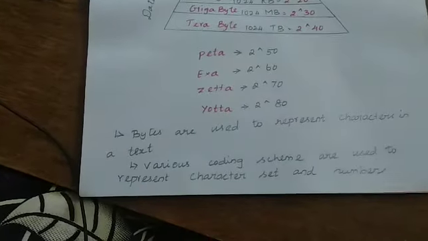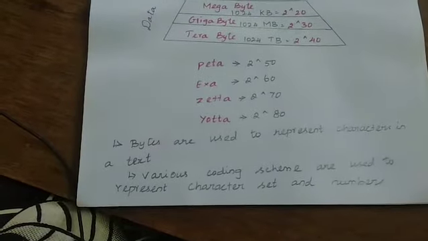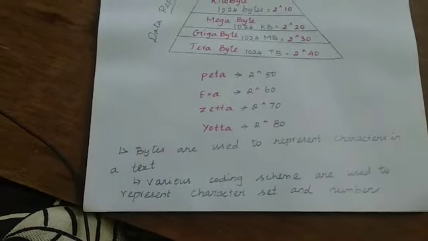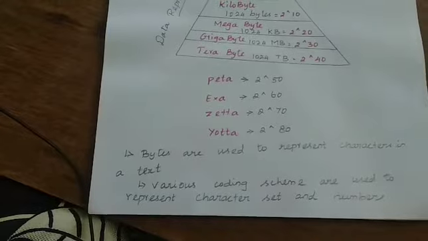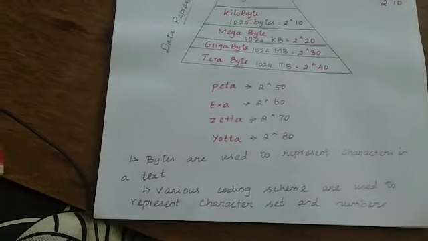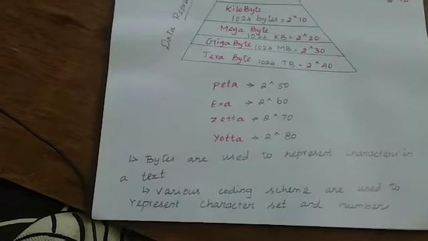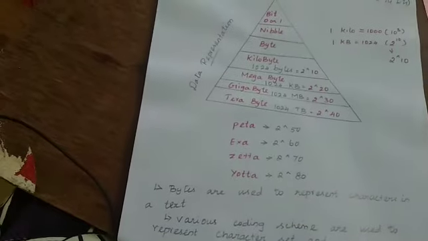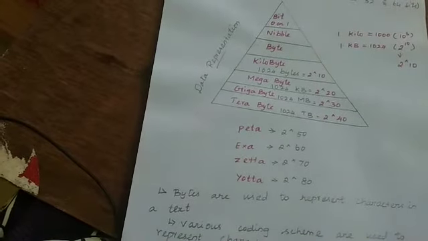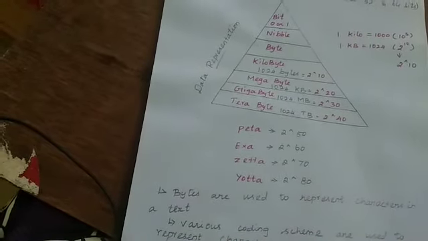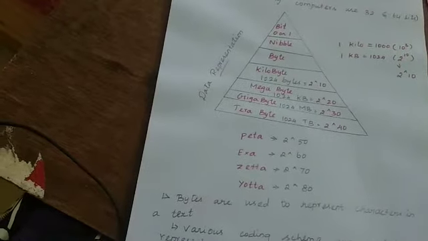Bytes are used to represent characters in a text. We can use various coding schemes to represent character sets and numbers. For example, a capital A consists of some number and a small a consists of some other number. Why do we have this coding scheme?